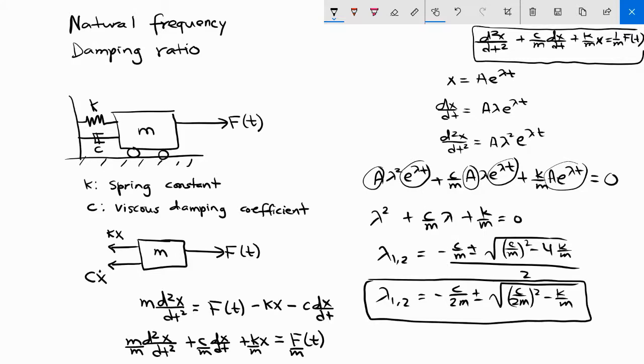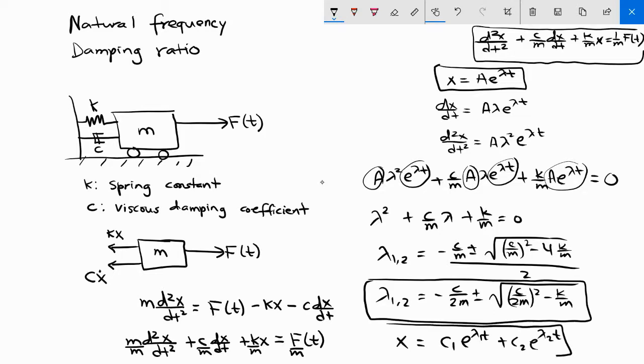If we now remind ourselves of the solution of x, then we can write it by making substitution for lambda. So the solution to this differential equation is equal to c1 e to the power lambda 1 t plus c2 e to the power lambda 2 t.